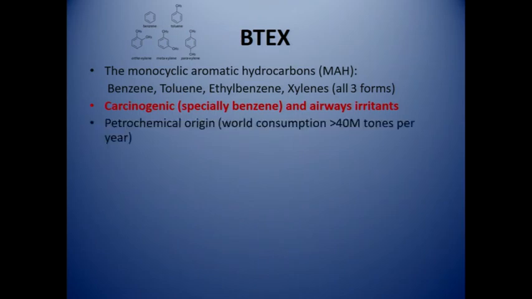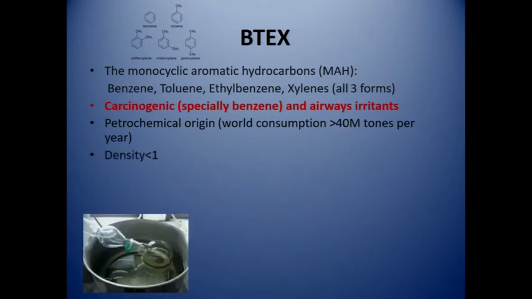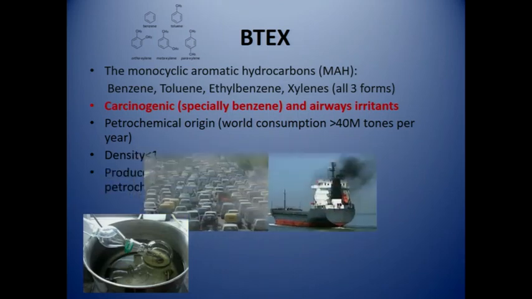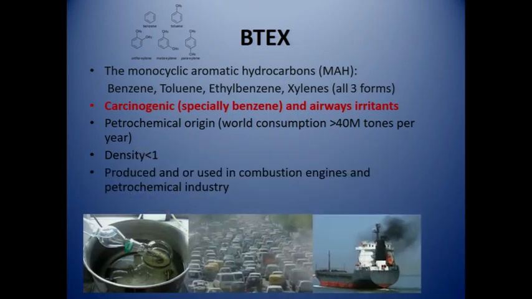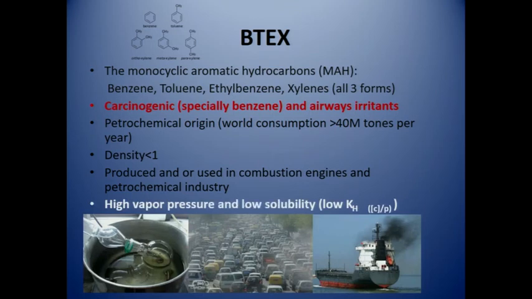They are produced worldwide, more than 40 million tons. The density of all these compounds is lower than 1, and they end up in the combustion system. The thing is, they have high vapor pressure, that is to say, they're volatile, and they have low solubility.